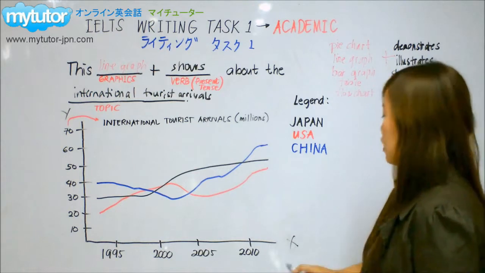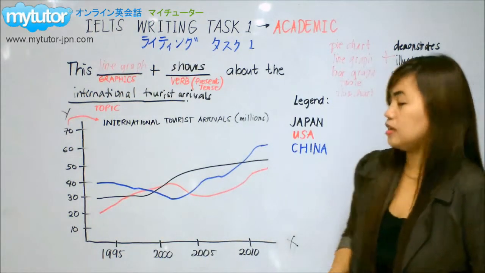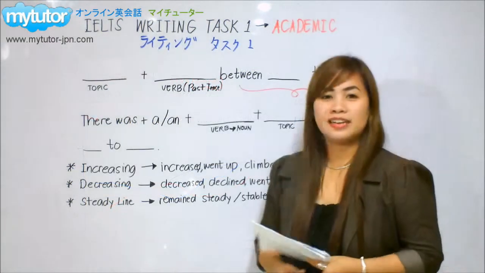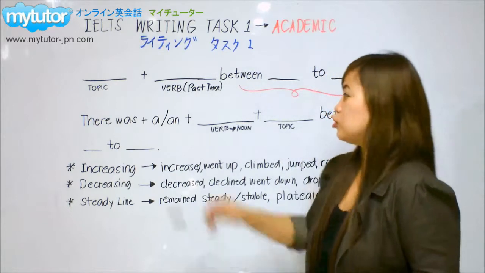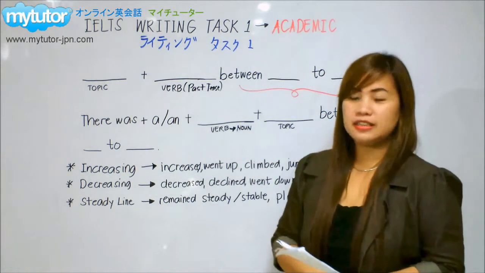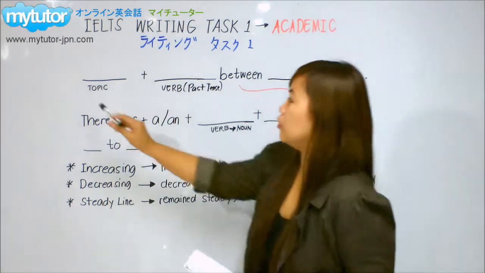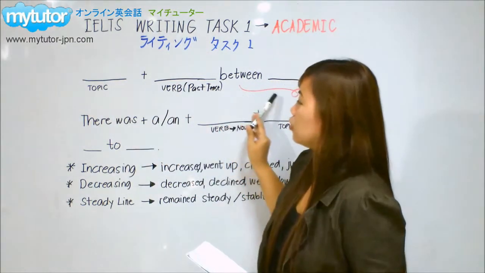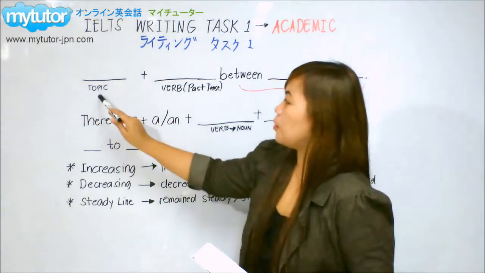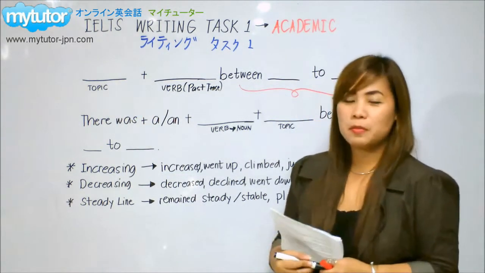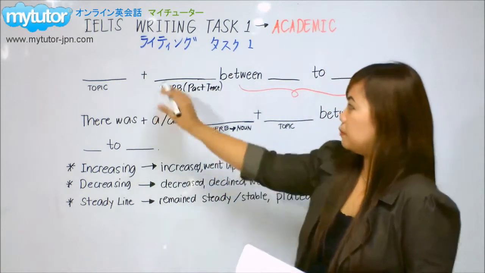Now, you have to take note of the information of the y-axis and the x-axis. That is very important. In the second part of the introduction, which is our second sentence, we have two ways to write it. You can choose either way, whether the first sentence pattern or the second one. Here, the topic: we were talking about international tourist arrivals, so we can put it here.